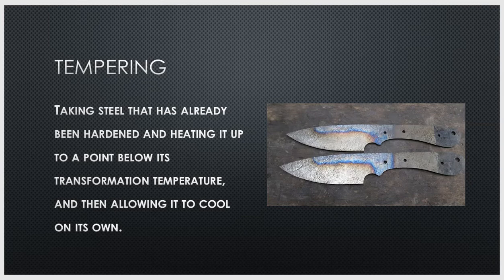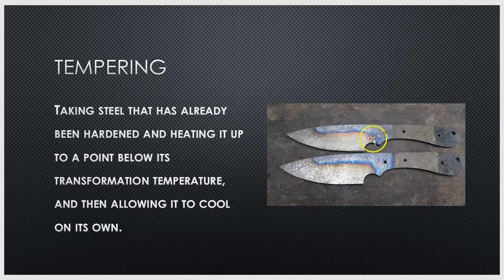How we temper a piece of metal is we heat it up to a point that's below the transformation temperature. We're not heating it all the way to its transformation temperature, we're heating it to a point below that. Then we stop heating it and allow it to cool by itself, basically in a room temperature situation.